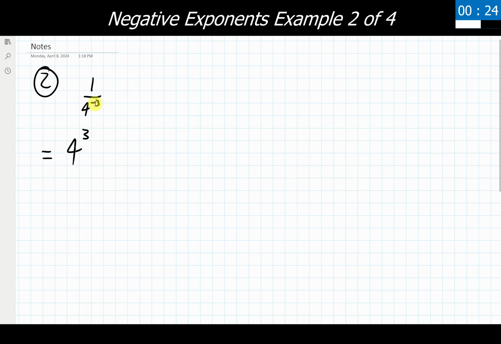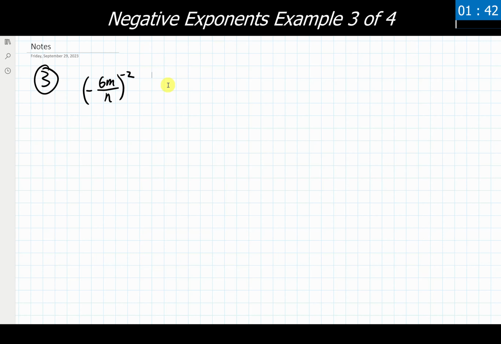So I just applied the negative, moved the location of its base, and now I have 4 to the third power. I can plug that into my calculator, and that's going to give me 64 for my final answer. Not too terrible here, but I do think taking an extra line to show that we've just applied the negative goes a very long way with making these more straightforward and easier to follow.